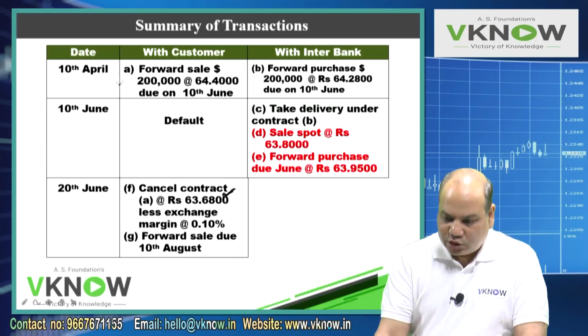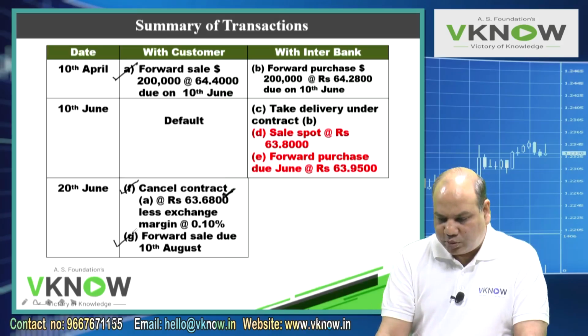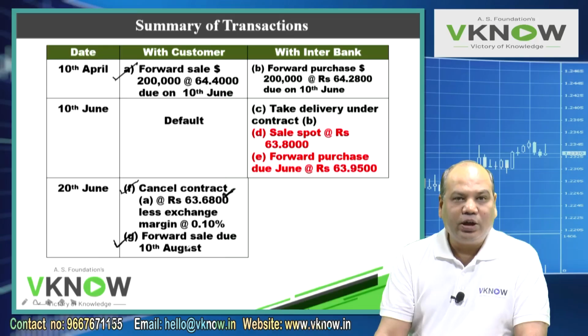So this original contract gets cancelled, and now we'll enter into a fresh contract. The importer wants to buy dollar on 10th August. So bank will apply selling rate plus margin. Forward selling rate, forward sale due 10th August.